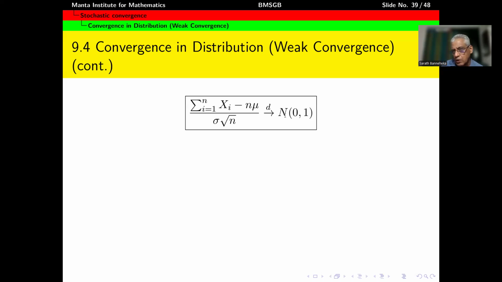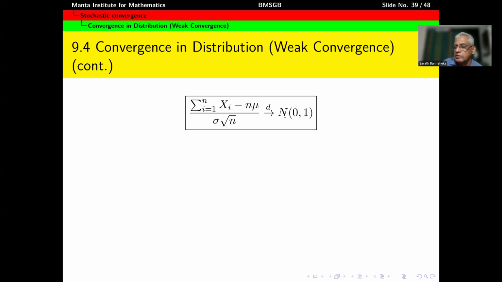On the other hand, if X1 up to Xn, X2, X3, and so on are coming from some symmetric distribution, like even a uniform distribution, then this theorem may be valid even if n is less than 30. Even if n is 10, the distribution of the standardized sample mean will be very close to the standard normal.